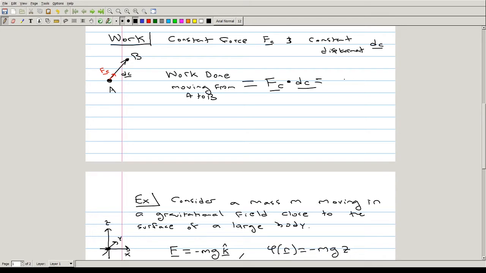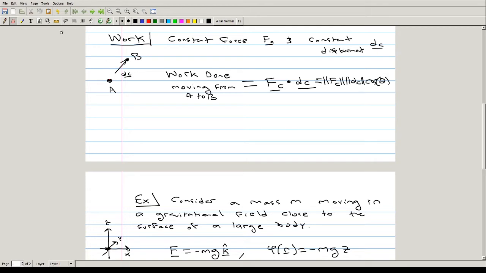Perhaps the best way of visualizing this is that the dot product is the magnitude of the force times the length of dc times the cosine of the angle between the two vectors, because I drew the force along the displacement, but this constant force doesn't necessarily have to be along the displacement path.